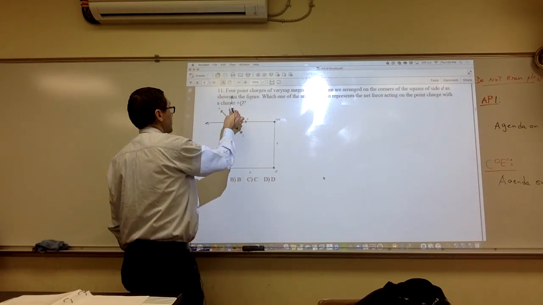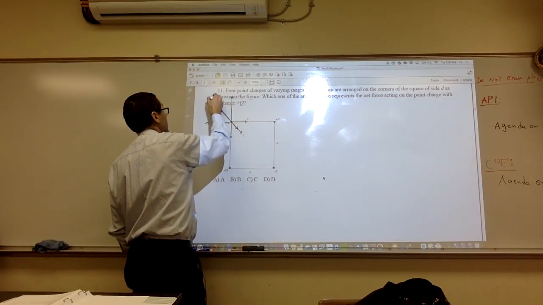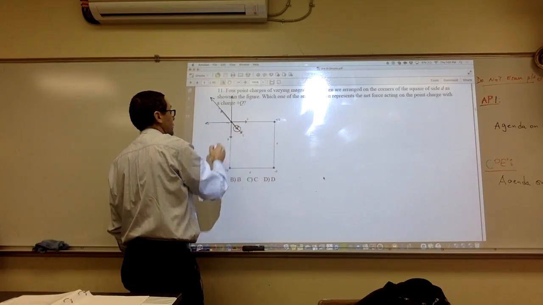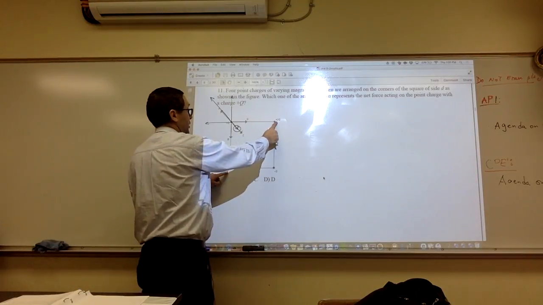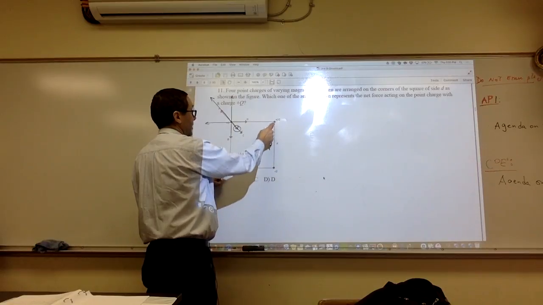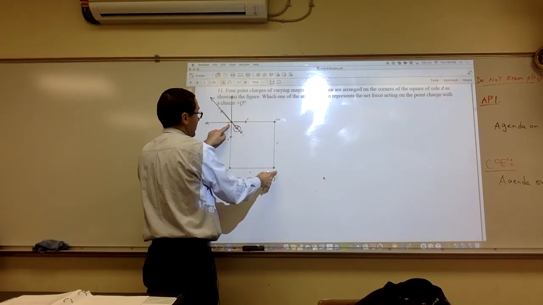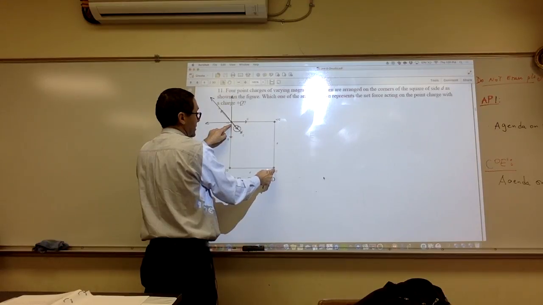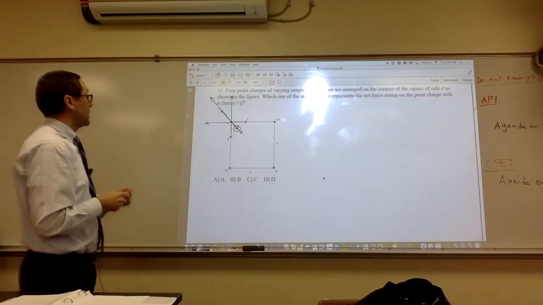But the combination of these two is bigger than this force here. And the reason for that, because both of these charges have a bigger charge than this, and they are closer to this corner than this one here. The distance between here and here is the whole diagonal of the square. So the answer should be A.